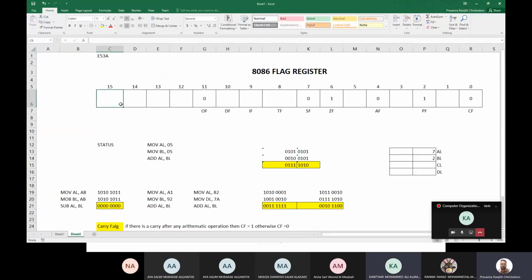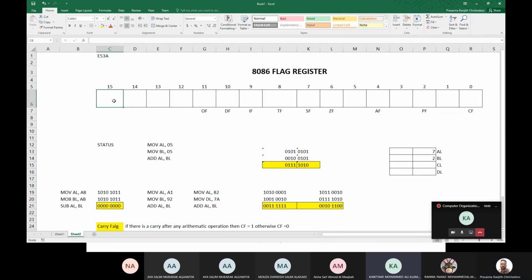So, what is E? Remove all the values from here. E is 14. What is the binary?